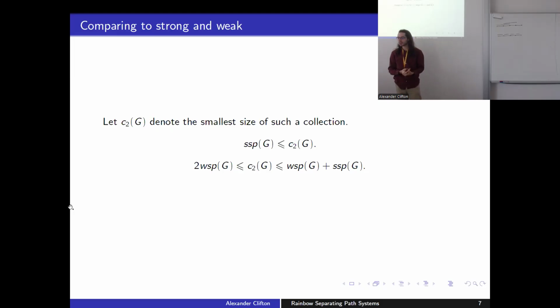So in order to be super careful, I'll just say for every pair, I'll get a blue one that separates both ways. So the point is, if you have a red weak and a blue strong, you can combine them in order to get my red-blue separator.